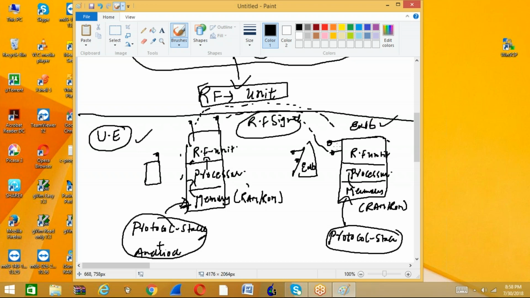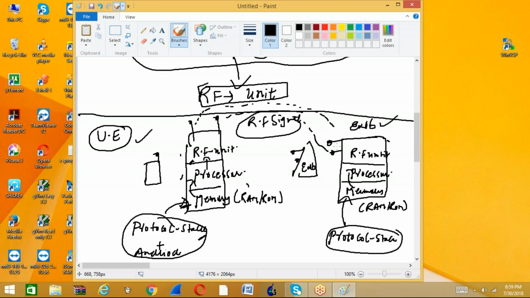He will first ask for the configuration. You tell me what RAM size you want, what ROM size you want, what processor you want. Again, he will ask you, do you want an AMD processor or an Intel processor? Here also it is the same in the market.